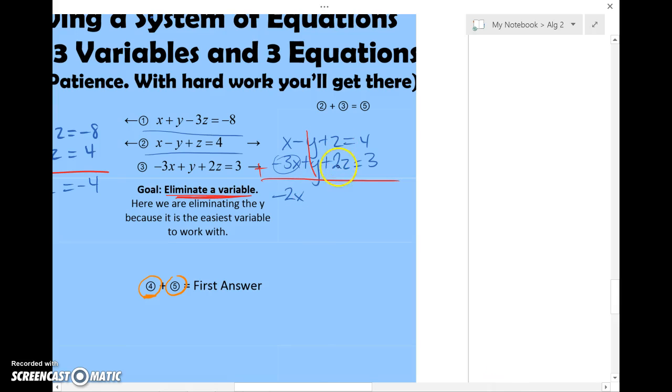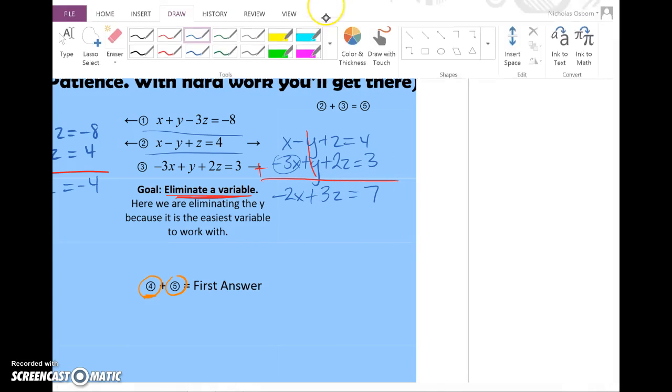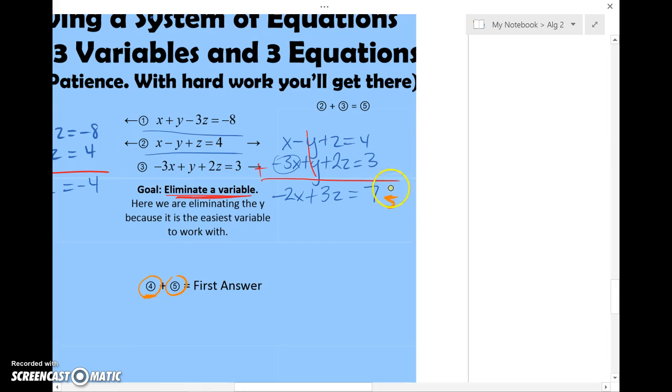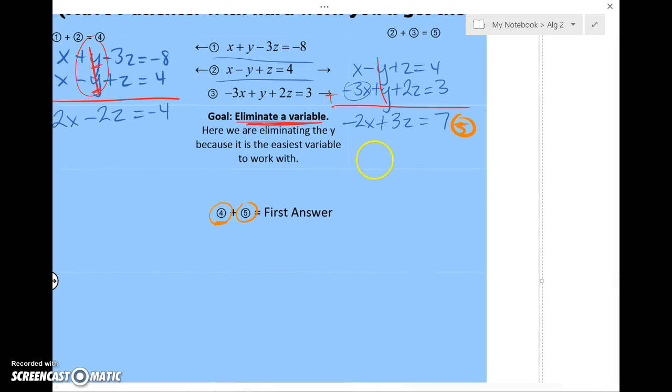And then z plus 2z is 3z. 4 plus 3 is 7. And that is going to be our next new equation, equation number 5.